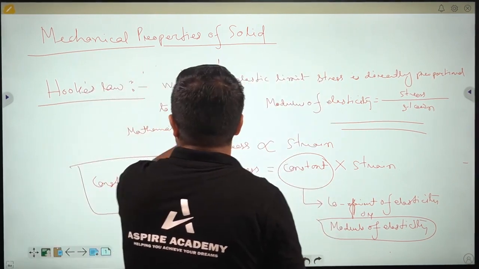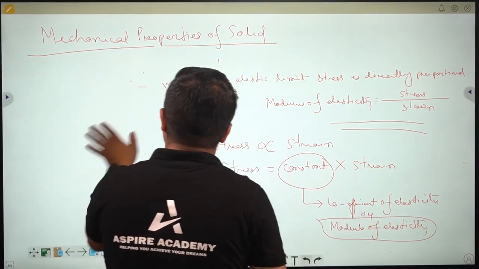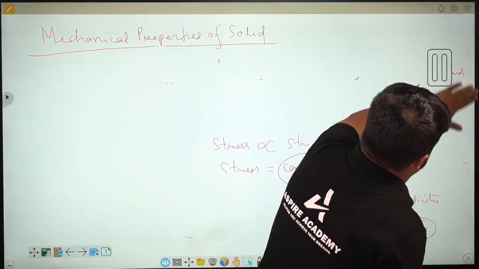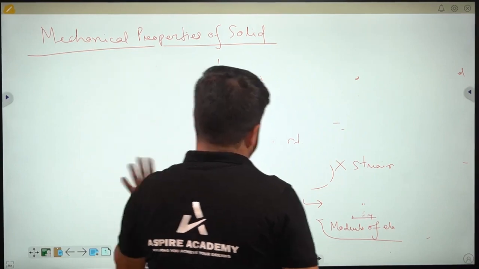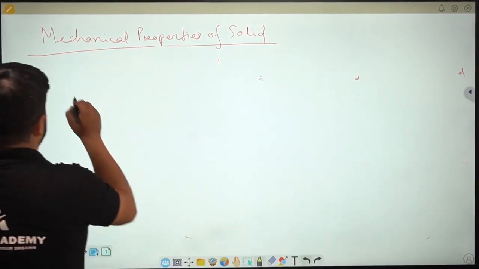Okay, next topic. There are three types of coefficient of elasticity, or modulus of elasticity, in respect of shape and size.